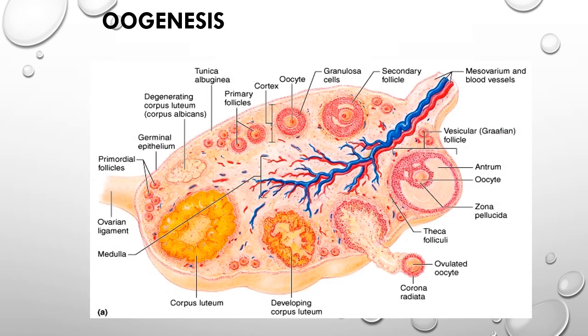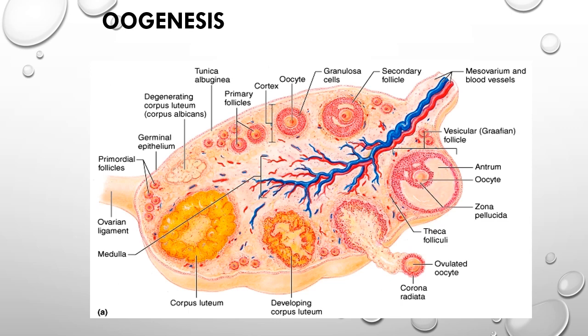So this is the structure of the ovary. As you know, the ovary is an irregular sac-like structure which is covered by germinal epithelium. This germinal epithelium contains germinal cells or primordial germ cells, the middle layer is the vasculosa layer, and the third layer is called the tunica albuginea.